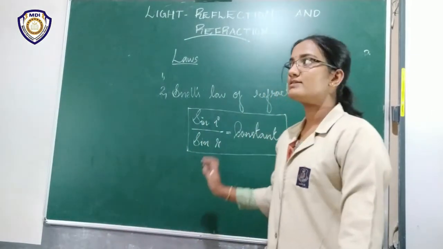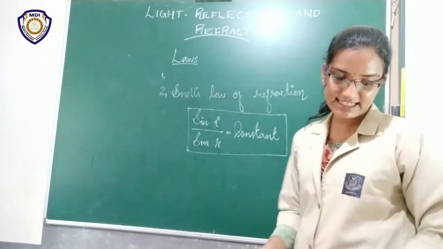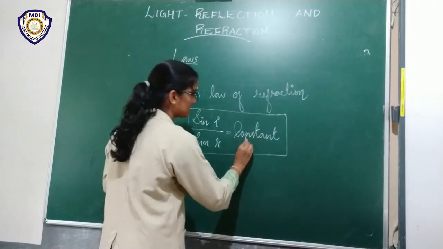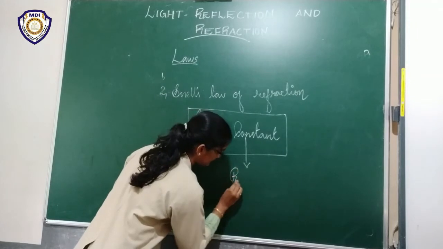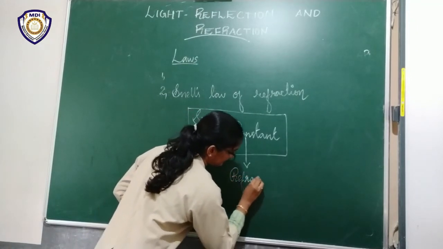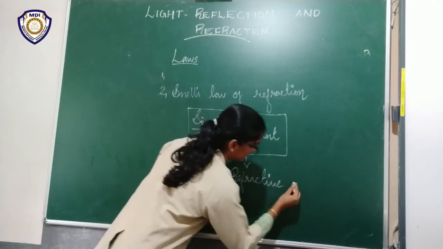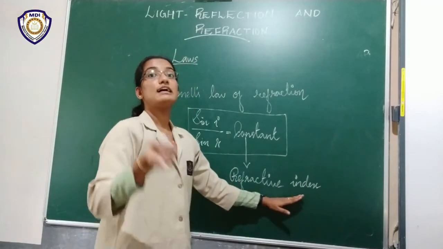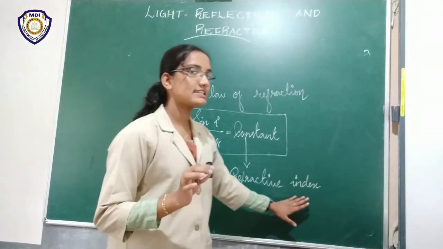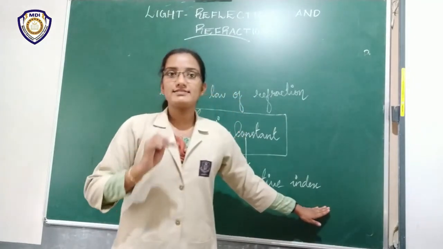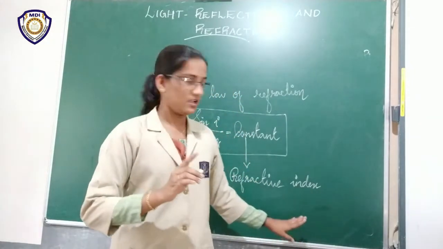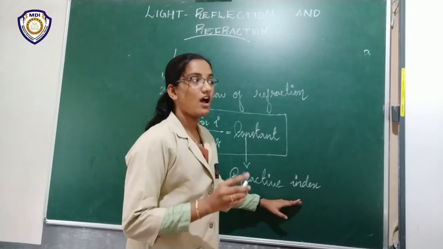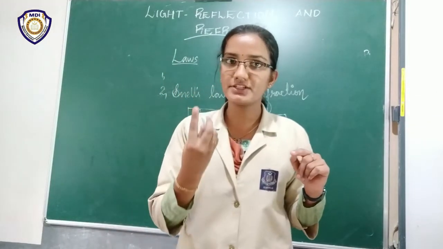This constant value is called the refractive index of the second medium with respect to the first.